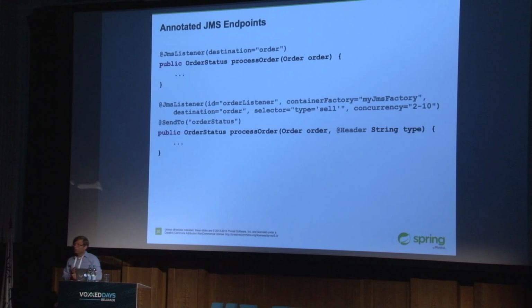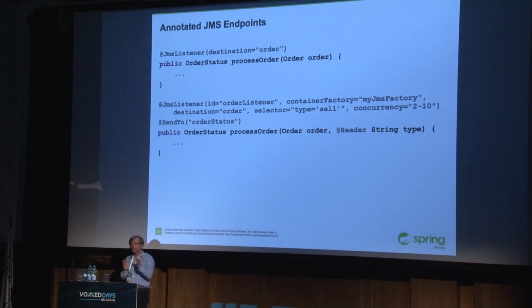Now, you can even do that for JMS endpoints. So look at the version above. A @JmsListener annotation attached to a method turns this method into a message processing endpoint, very similar to an HTTP endpoint or a STOMP endpoint. It's referring to JMS semantics here, though. So if you want to configure some JMS stuff, look at the version below, right?